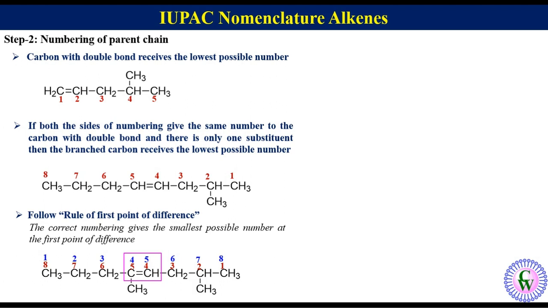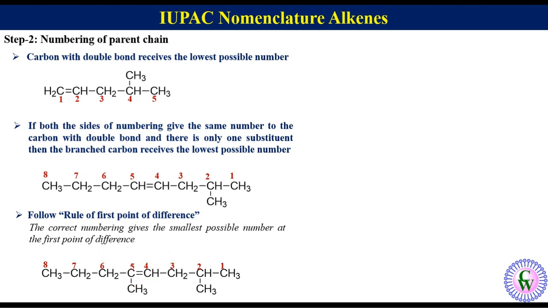There are 2 methyl groups. In left to right numbering, the 2 methyl groups are at C4 and C7 positions, while in right to left numbering, 2 and 5 positions. Since right to left numbering gives lowest number at the first point of difference, so right to left numbering will be the correct one.